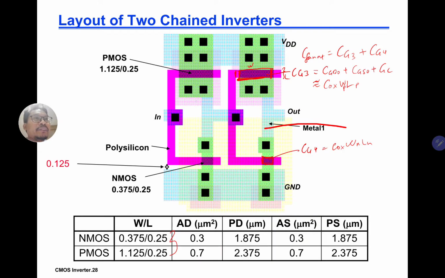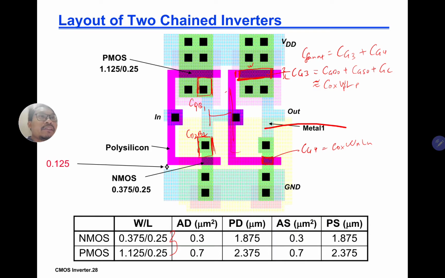Then you also have the drain capacitance here. Here you have CdB, the diffusion capacitance, Cdb1 and Cdb2.